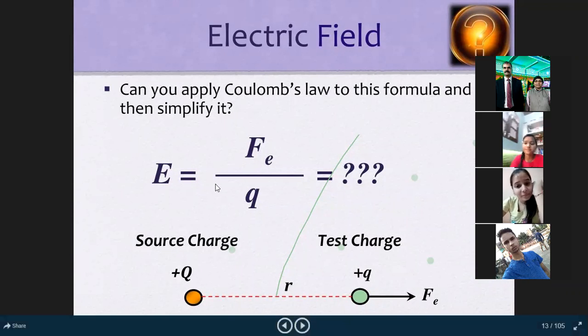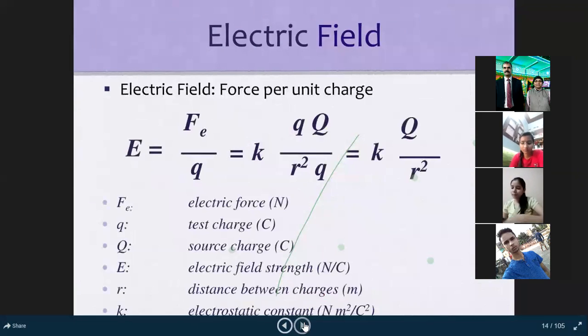So we can apply the concept of electric field to derive electric force, and even we can derive Coulomb's law using electric field, and we can derive electric field using Coulomb's law. So try to understand here. Electric field is defined as force per unit charge.